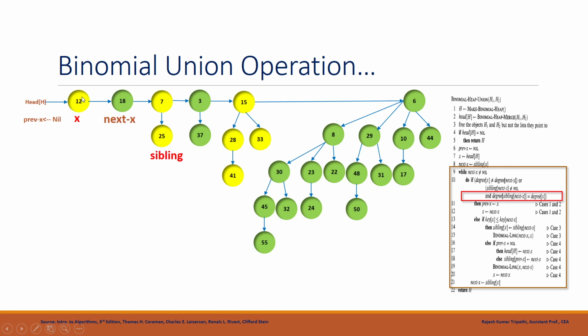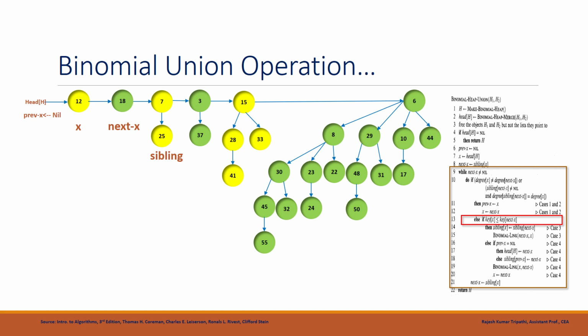So what we will do, it means we can combine these X and next X. If the degree of this one and this one is the same but the degree of the next one is not the same, you can combine these 2 similar degree binomial trees. So we will reach here. Now the question is which one will become the child.